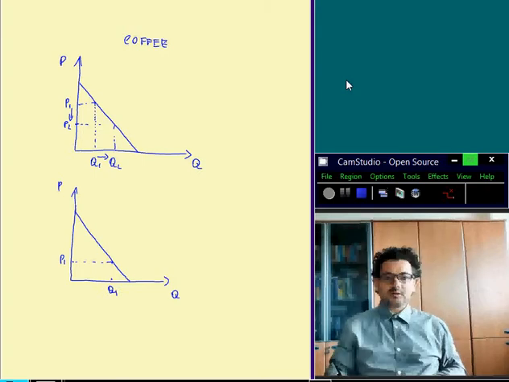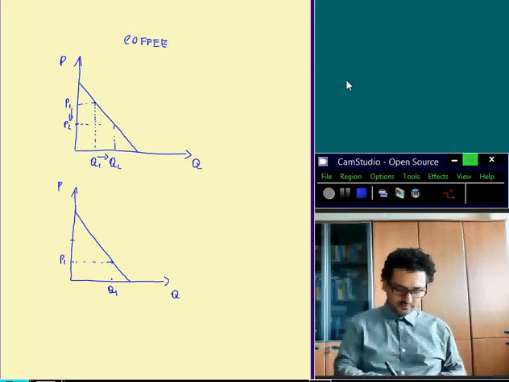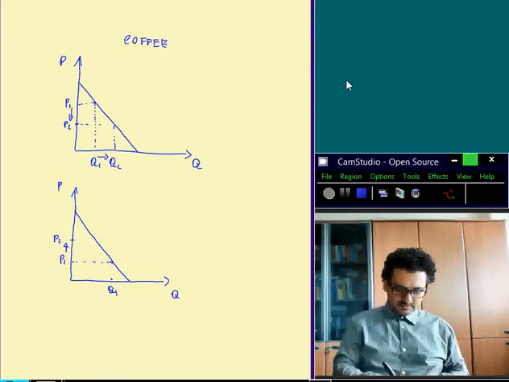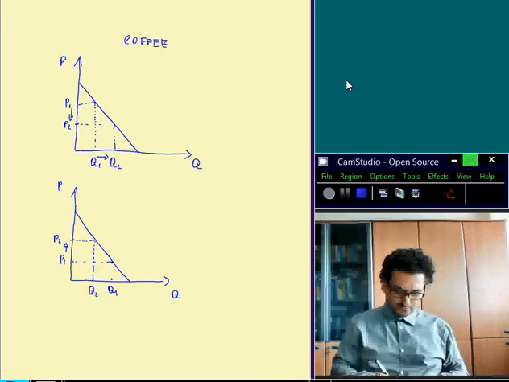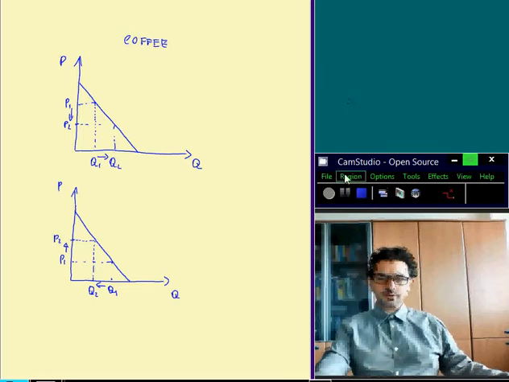Suppose now that we have an increase in the price for coffee to level P2. This means that the demanded quantity will now be equal to Q2, which is smaller than Q1. So we have a reduction in the demanded quantity for coffee.